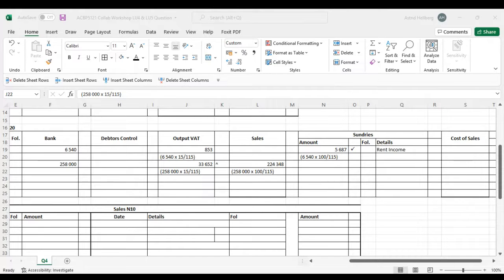Okay, so I'm just going to repeat it. How will you work out the cost of sales? Okay, so you take the sales value of 224,348 and you multiply it over 100 over 120. Yes, that is absolutely correct, Lino. So our cost of sales, we work out by taking the sales amount, 224,348, and we multiply it over 100, the cost that I want, over the 120 is the sales amount that I have.